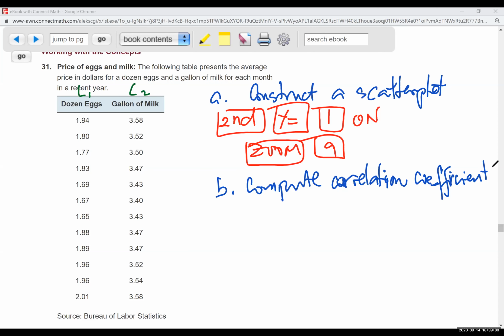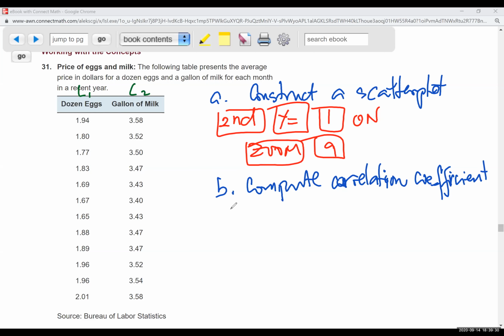Okay, do you have the scatter plot now? Yes. What do you see based on your dots? Is it positive or negative? Positive. Okay, so we will check if it's positive.